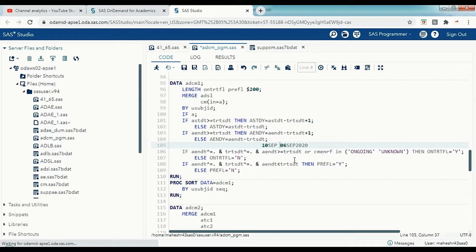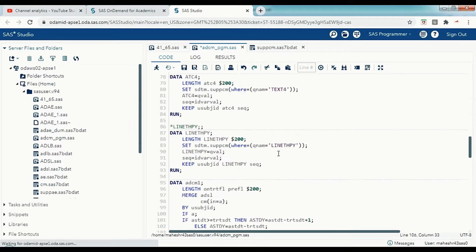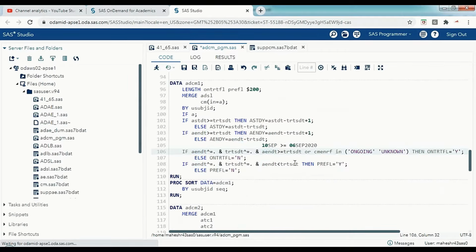If it is greater than our treatment start date, and CMENRF is equal to ongoing or unknown, then we can decide it is ongoing. We created this AENDT variable just now, right? After imputation we created this AENDT. So this AENDT is greater than our treatment start date, as well as CMENRF equal to ongoing or unknown. So we can give it as still ongoing, meaning that the concomitant medication was happening during the treatment phase only.